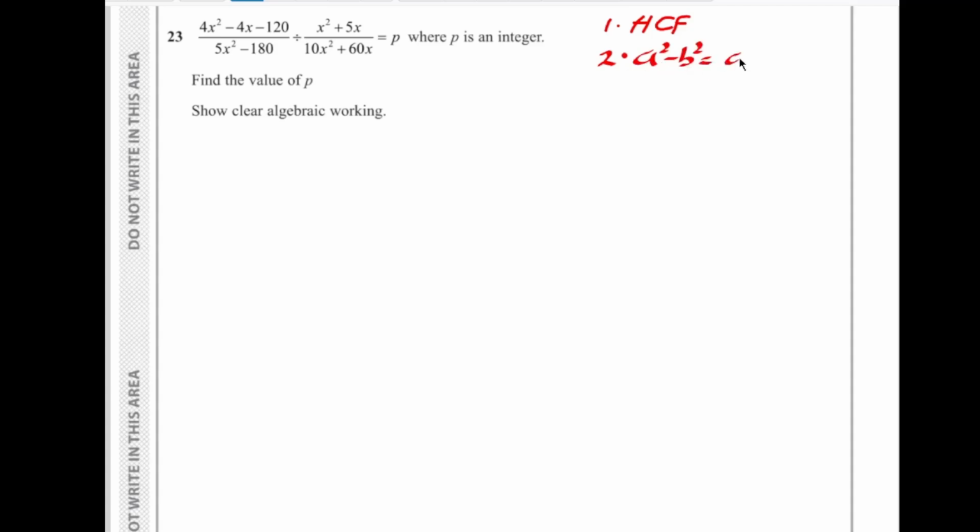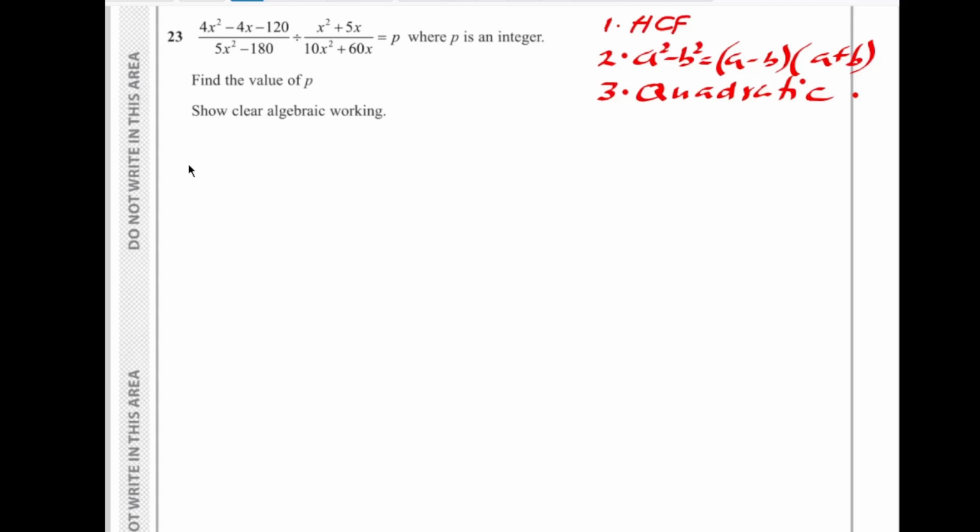The factors of this one are a minus b, a plus b. The other thing, when you are moving on to factorization, the other order is quadratic. So this is the factorization order. No matter what the factorization is, whether it is quadratic, whether it is difference of squares, check out whether highest common factor is available. Let's move on to the question.